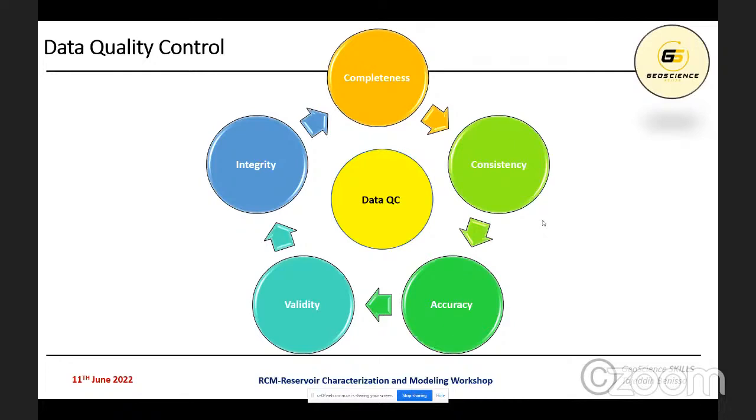All these are processes you need to go through before initiating the model, and make even a report about whether this data is usable or valid for modeling the reservoir on geological and reservoir level.